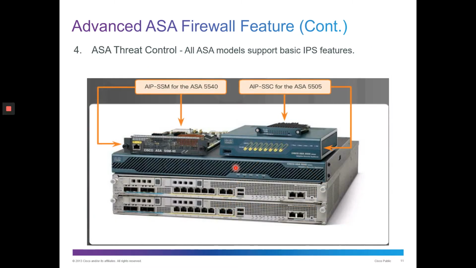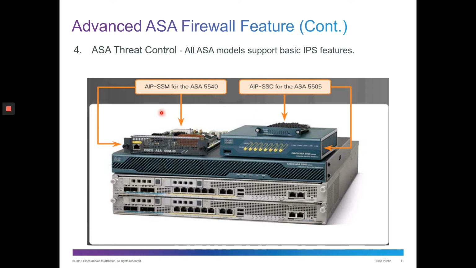Another feature is ASA threat control. In the picture, you have a firewall and you can have extra modules as well. There are two modules over here. To existing firewalls, you can add AIP-SSM, which is the Advanced Inspection and Prevention Security Services Module.